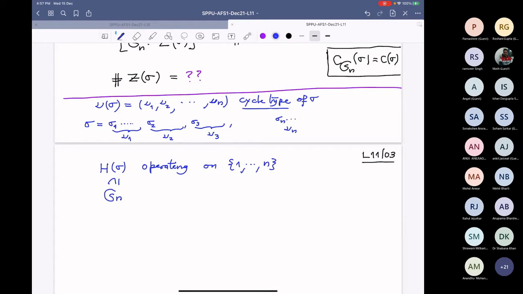This is my notation for the subgroup of Sn generated by sigma.